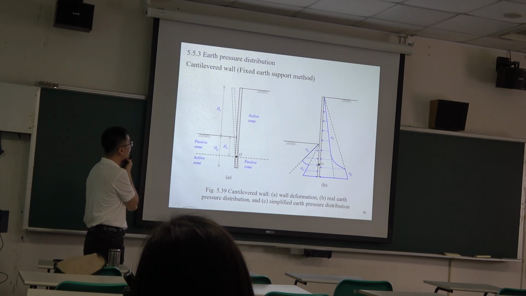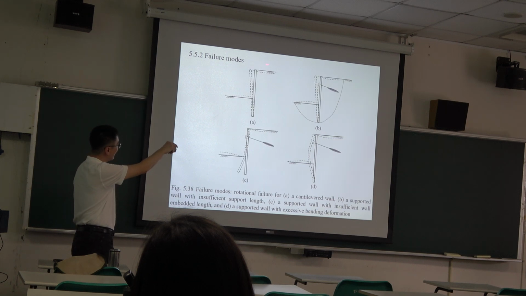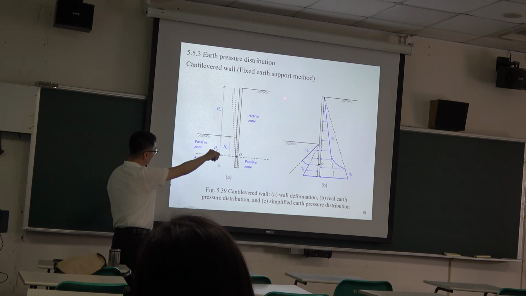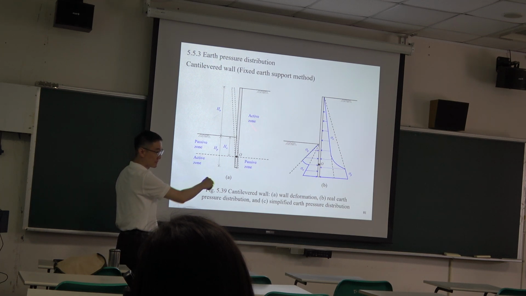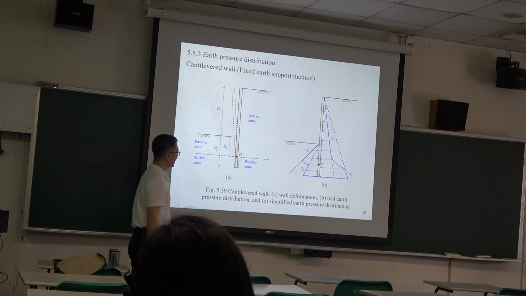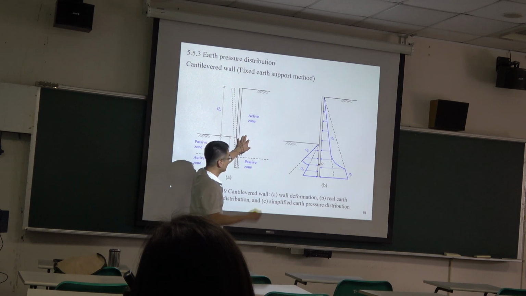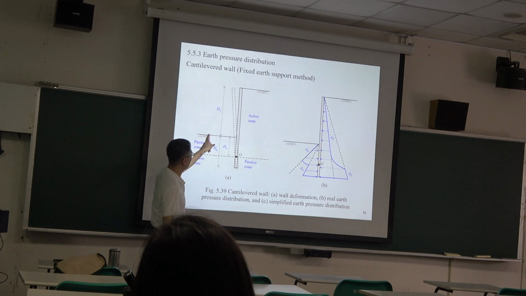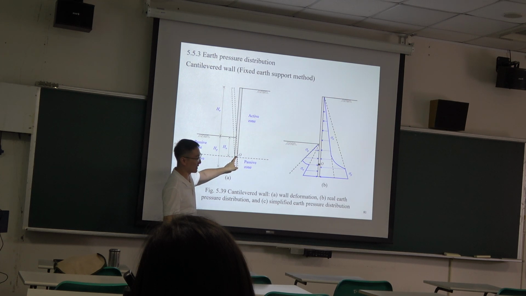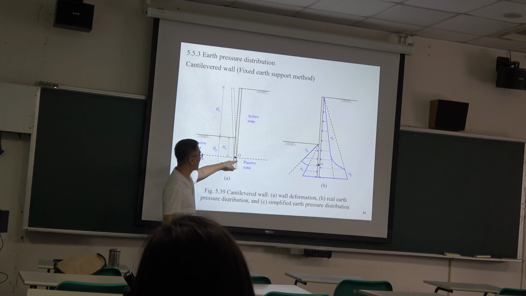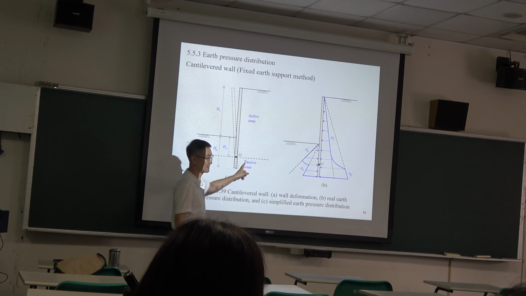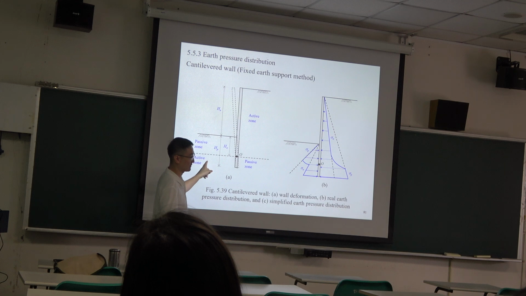So the simplest one is the cantilever wall. The cantilever wall looks like this. And for its deformation, right hand side here is the active zone. Left hand side here is the passive zone. Then we have a turning point here. So below the turning point, this part becomes the passive side, and this part is the active side.